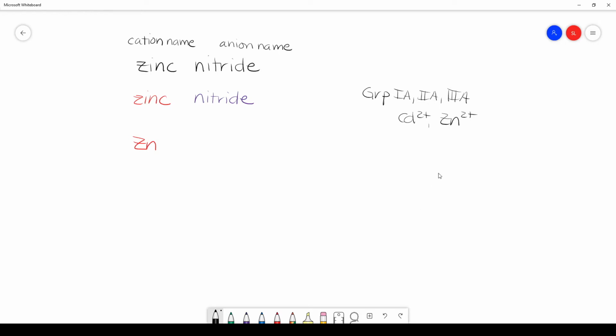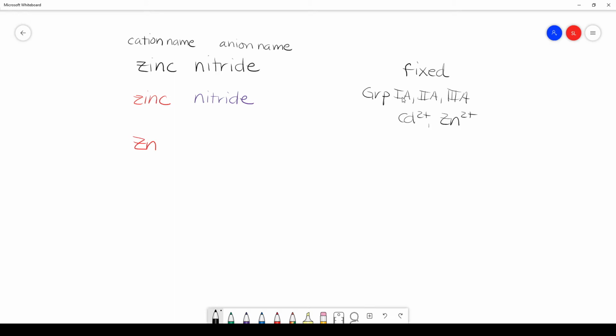If so, if our metal cation falls into one of these categories, then the charge is fixed. And what that means is the charge is always this single value. It never changes. And we just have to either know it, like cadmium and zinc, or we have to remember that the group number will tell us the charge.